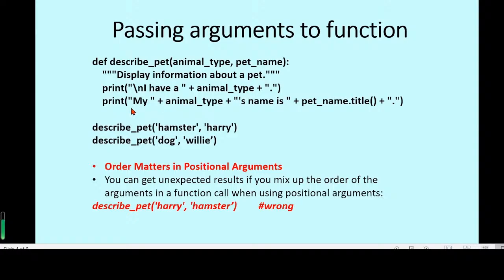Then print another line, this animal type's name is this pet name in title form. So when you call this function, you have to write describePet, then the type first, then the name second. Or you can call again, with dog as the type, then Willy as the name.